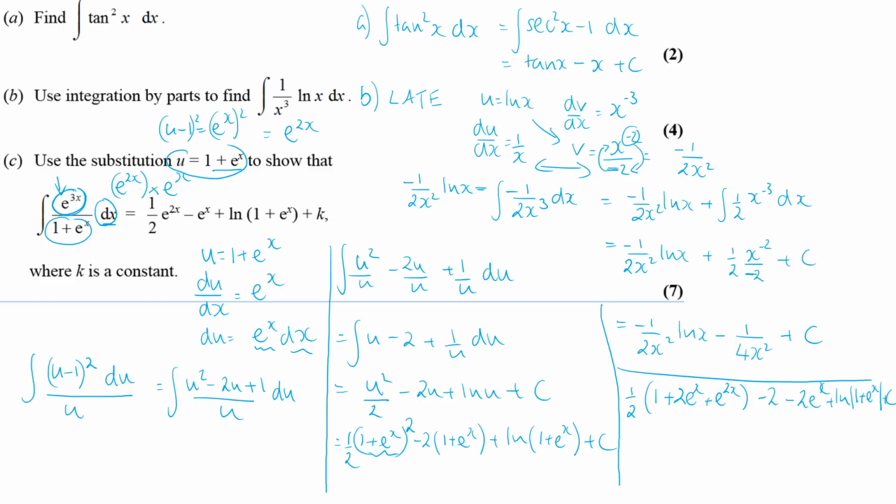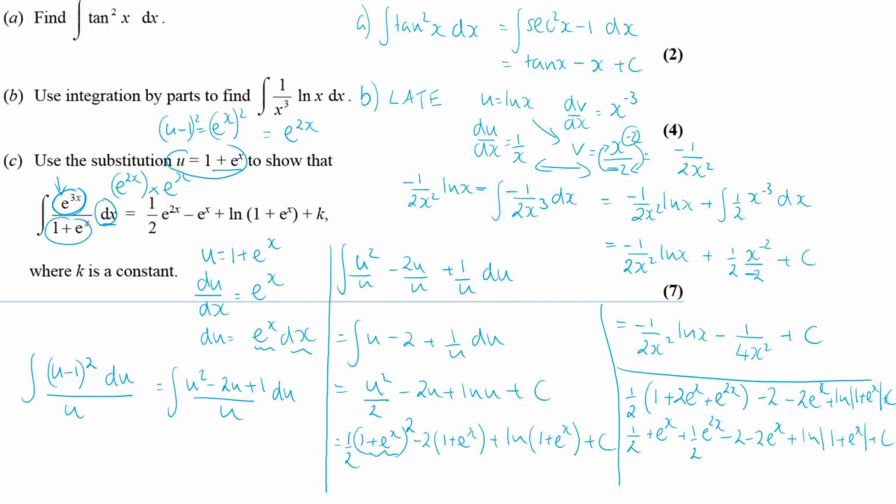Take this half in, it's going to be a half plus e to the x plus a half e to the 2x, minus 2 e to the x, plus the ln of 1 plus e to the x.